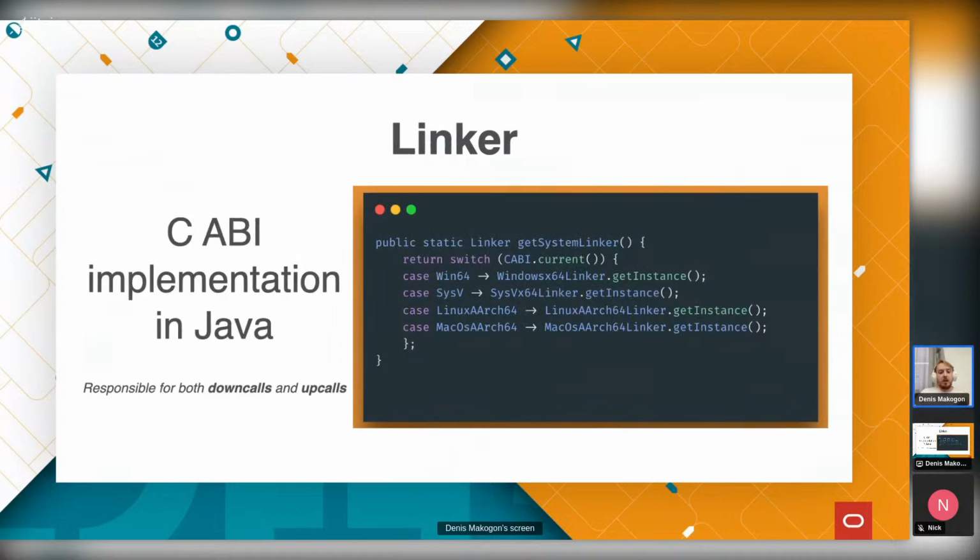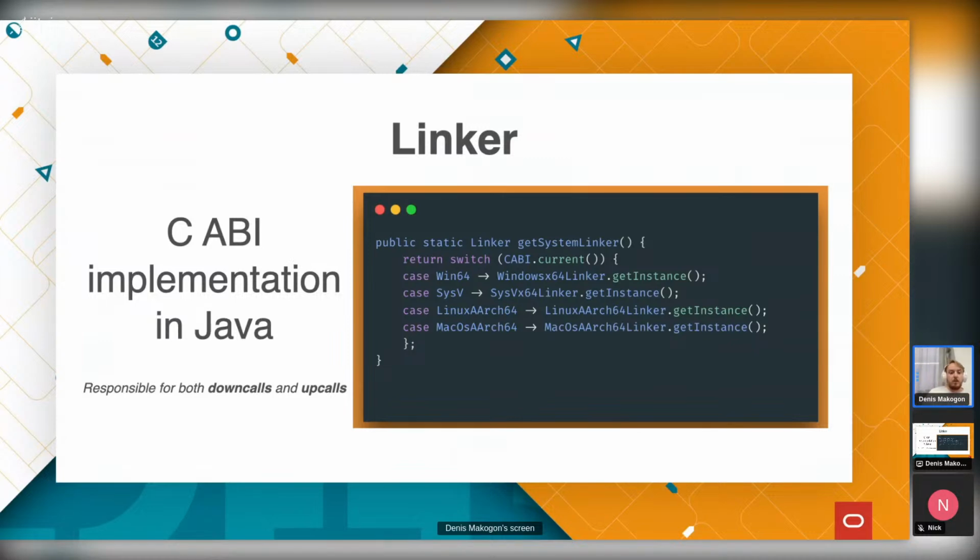Let's start with the linker. In terms of computer science, it is an implementation of an application binary interface, whose purpose is to provide the necessary capabilities to perform both downcalls from a higher level system to a lower level system, and upcalls in the opposite direction. For instance, invoking C code from the JVM and letting C code invoke Java code.